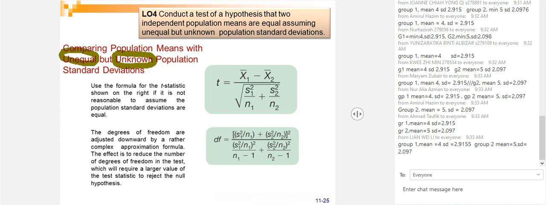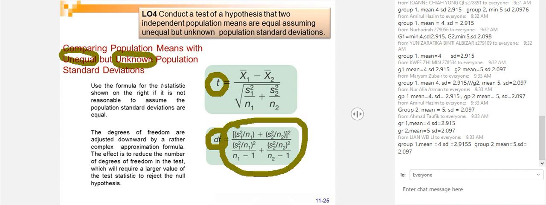So this condition kita guna T, then formula is group number 1 minus group number 2 over square root S1 power by 2 divided by N1 plus S2 power by 2 divided by N2. So degree of freedom ni kita kena cari sendiri dalam this condition di mana tak diberikan standard deviation, juga population mean pun tak equal. So kita guna formula yang panjang ini untuk dapatkan degree of freedom.